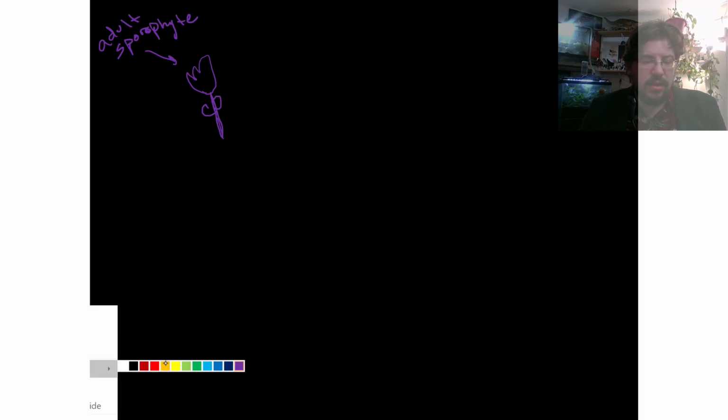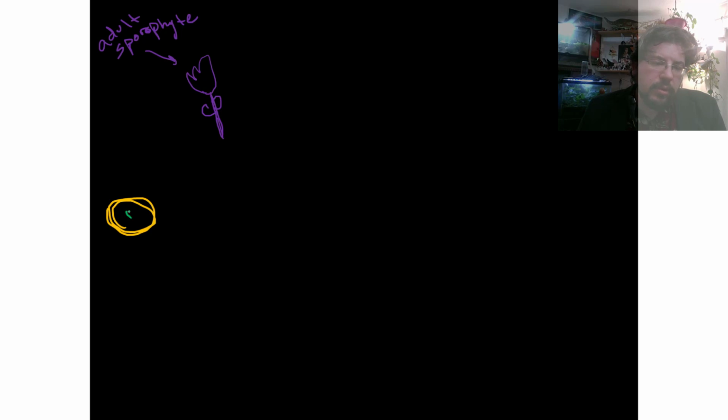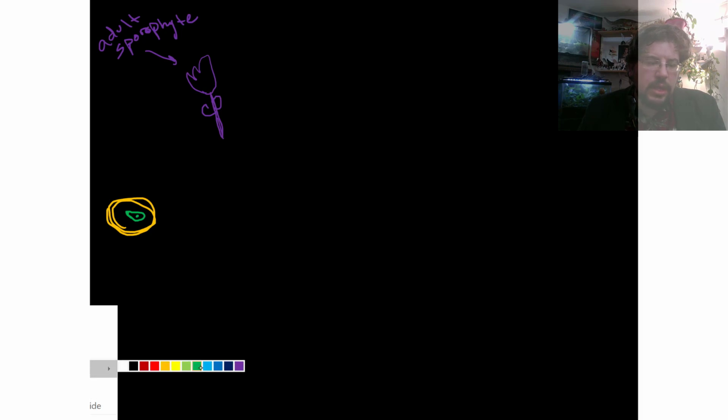And we got there because we had, here's my seed wall. Here's my zygote. There's my endosperm.